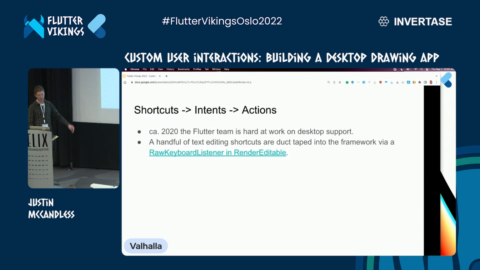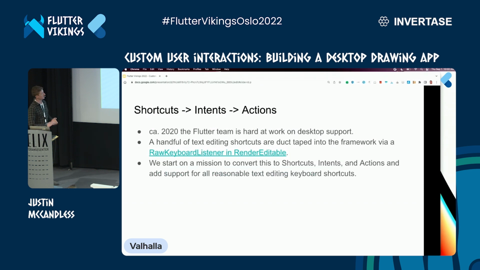And so we started on the project to replace all of this with shortcuts, actions, and intents, provide support for all of the reasonable keyboard shortcuts that you have natively on Windows, Linux, and Mac, and also make those all customizable by you in your own apps. We had a lot of community interactions with this project. It was really cool.